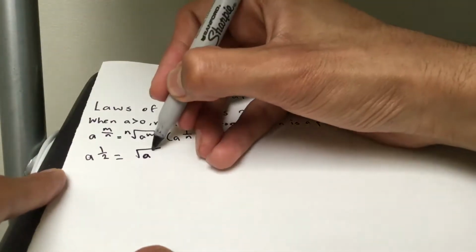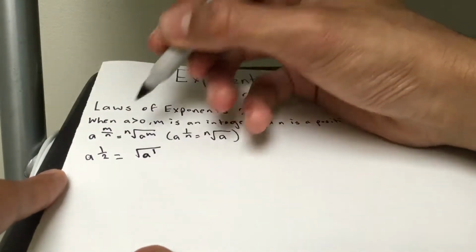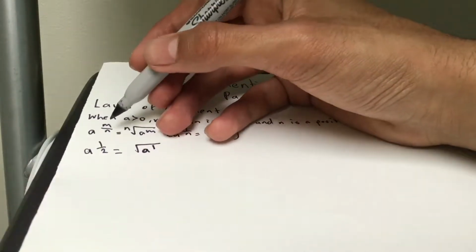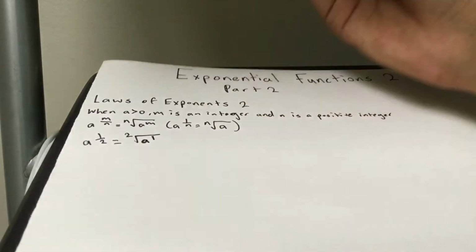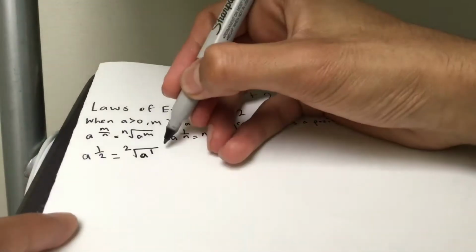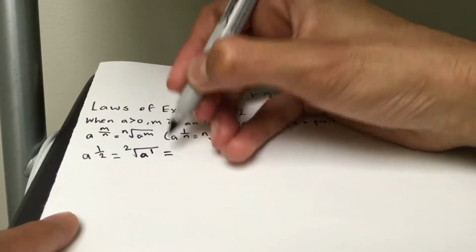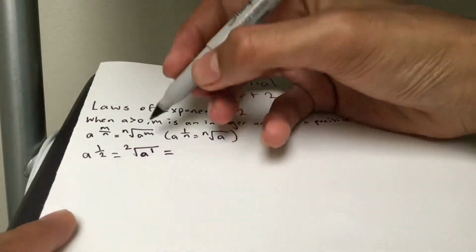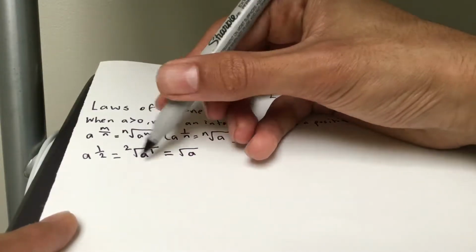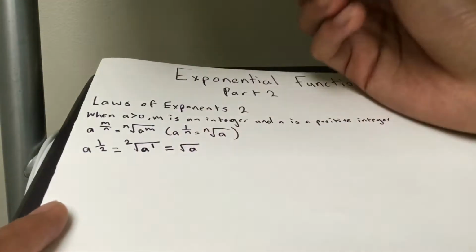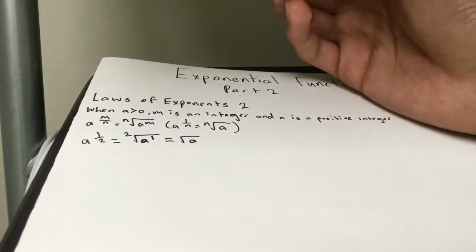So m is going to be 1, and n, which is the denominator, is going to be 2. By the way, for half, you don't need to write 2 square root a to the 1. You can write it as square root a. The a to the 1 is not necessary, and the 2 is not necessary, but it can be written.